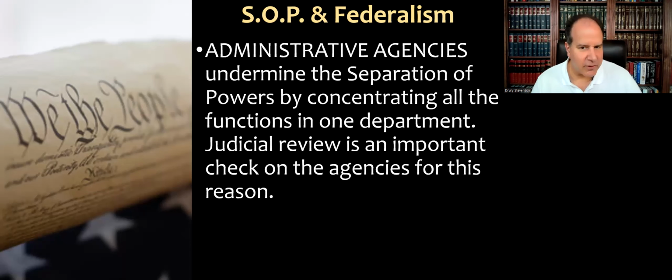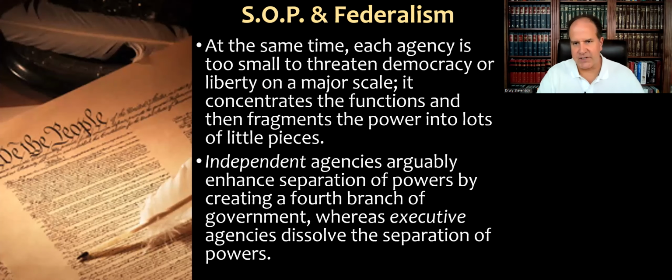They do adjudicatory functions, they do legislative functions when they promulgate rules, and they bring enforcement actions and issue cease and desist letters, and oversee union votes and elections, which are essentially executive branch. And so the argument has been that judicial review is particularly important as a check on agencies for this reason.